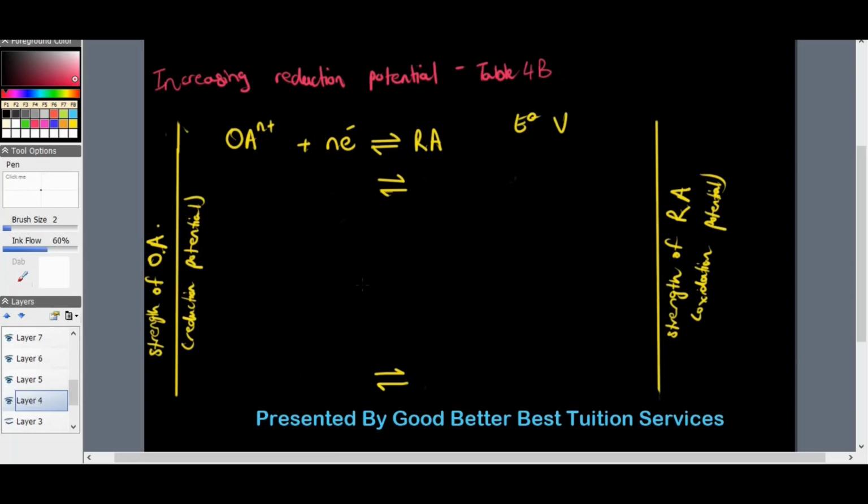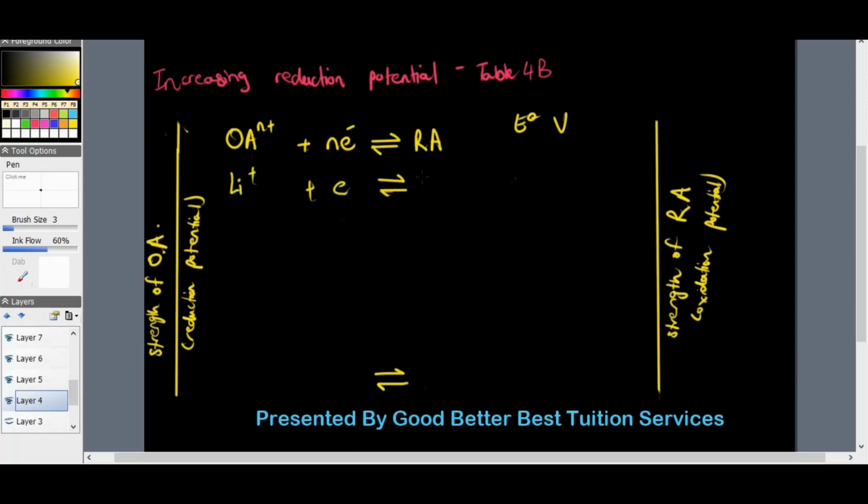The difference is that the strongest reducing agent now is at the top, and the strongest oxidizing agent is now at the bottom, which means it's the opposite of table 4a. So if we write out the reactions again, the lithium reaction is going to be written like this.